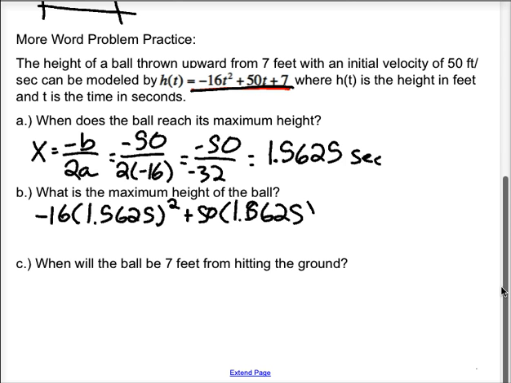And if you type it in, just as I have it written here, into your calculator, it's giving me 40.0625 feet. If you type it in exactly as I have written there, it'll just spit out the answer for you.